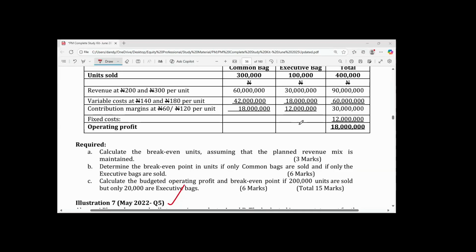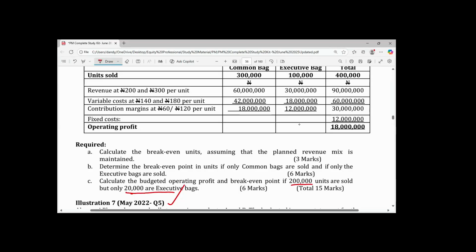B, determine the break-even point in units if only common bags are sold and if only the executive bags are sold. Requirement C, calculate the budgeted operating profit and break-even point if 200,000 units are sold, but only 20,000 are executive bags.